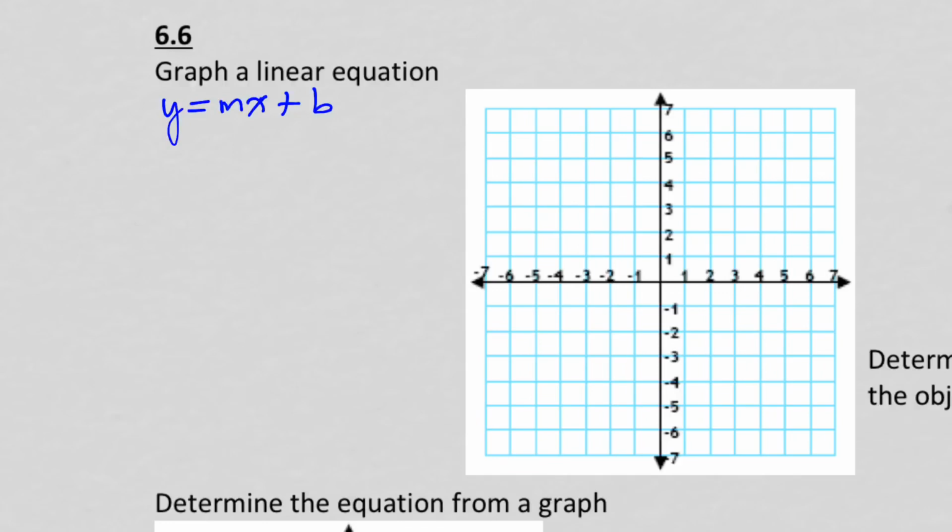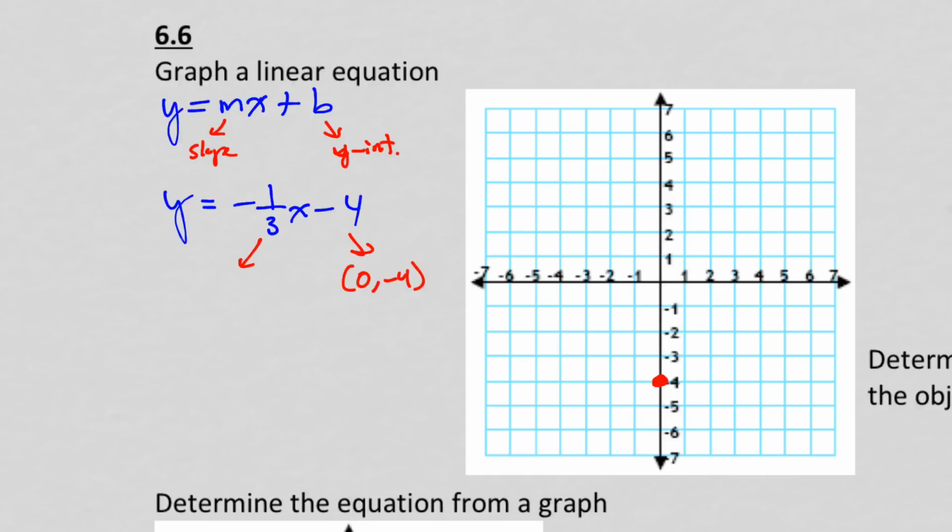Remember that this is the slope and this is the y-intercept. And so if we have an equation like y equals negative 1/3 x minus 4, we can quickly graph our first point, which would be 0, negative 4, right here.